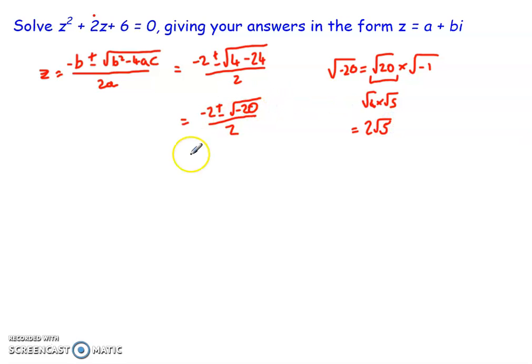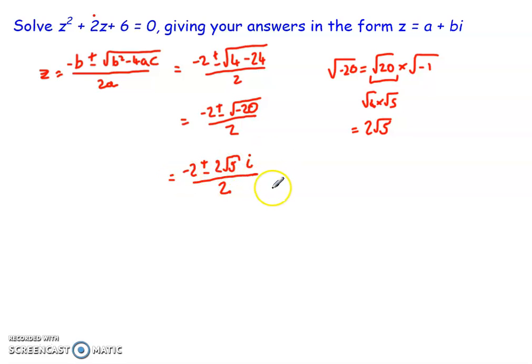So my expression I can rewrite as negative 2 plus or minus 2 root 5 times i all over 2. Remember, your coefficients can be rational, irrational, any real number you want.